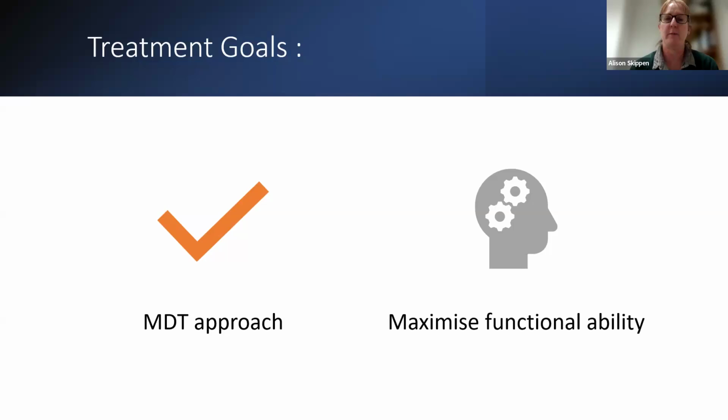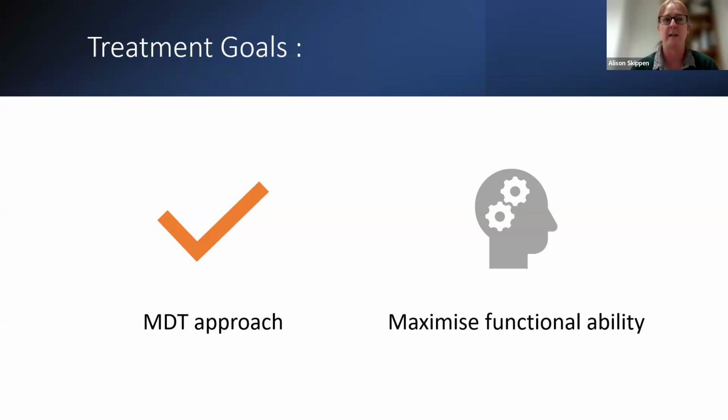So the treatment goals for children with cerebral palsy: you need an MDT approach, and that's a really vast number of people in your MDT, because you want to maximize their functional ability. Their functional ability includes not just the ability to sit, but also how they interact with the world, so how they communicate.